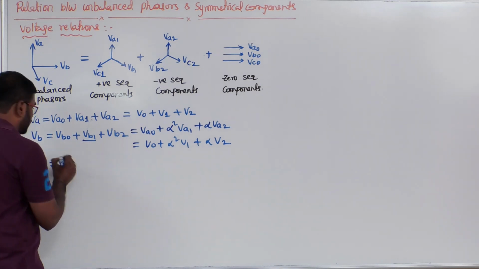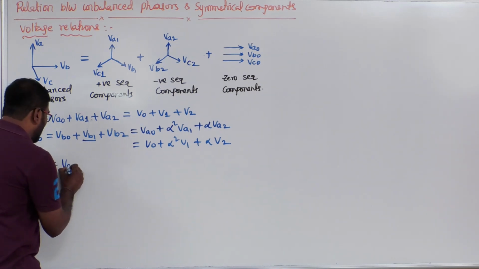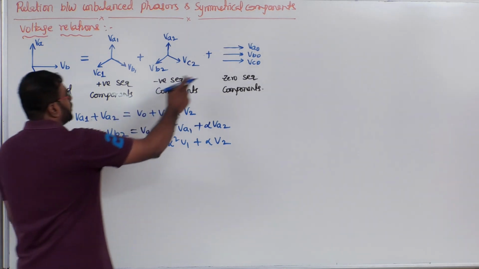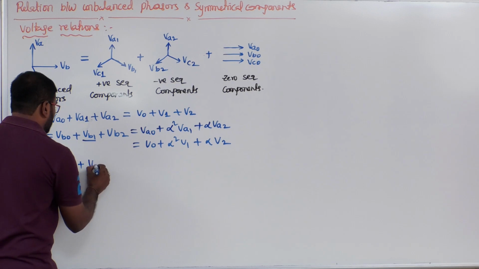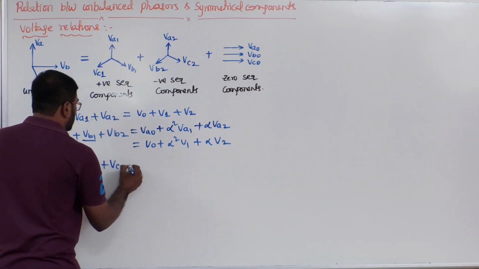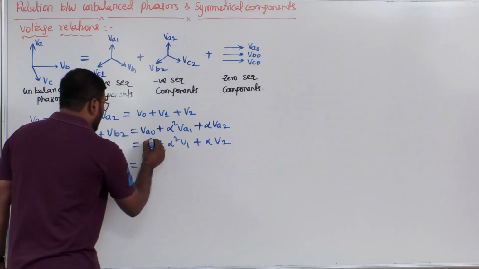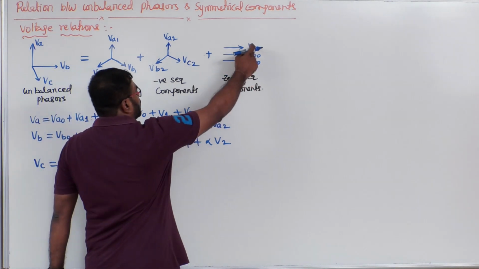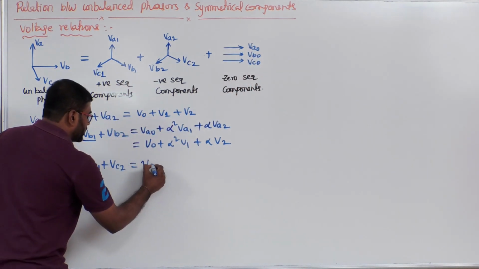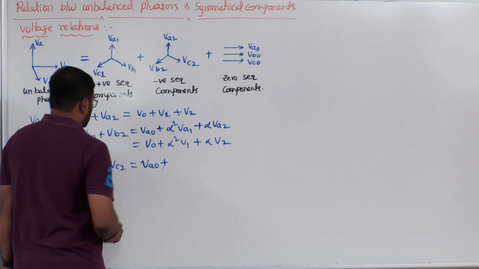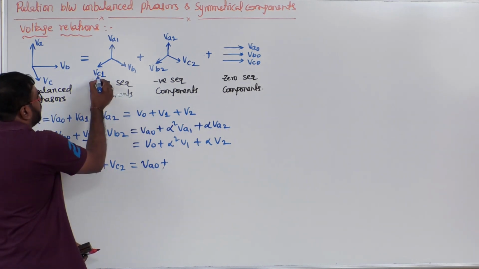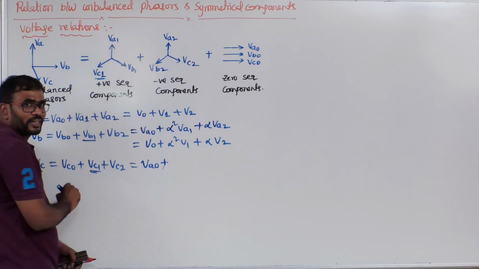Now coming to VC. VC can be written as the sum of VC0, VC1 and VC2. Correct or not? So what can I write now? VA0, VB0, VC0 are same. So simply VA0 plus, what about VC1? Check here. VC1 leads the VA1 by 120 degrees.